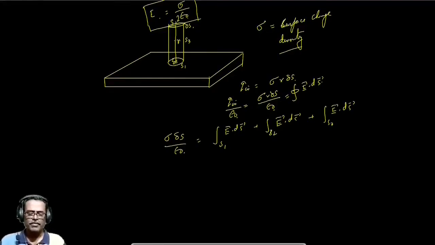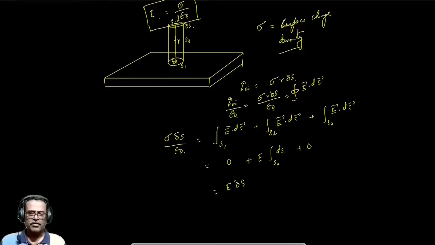Now S1 is just below the surface and there is no field line inside the metal sheet, so this is 0. The angle between field vector and area vector for the S2 surface is 0 degrees, so it will be E integration ds of S2, plus S3, where the angle between field vector and area vector is 90 degrees, so this is 0.